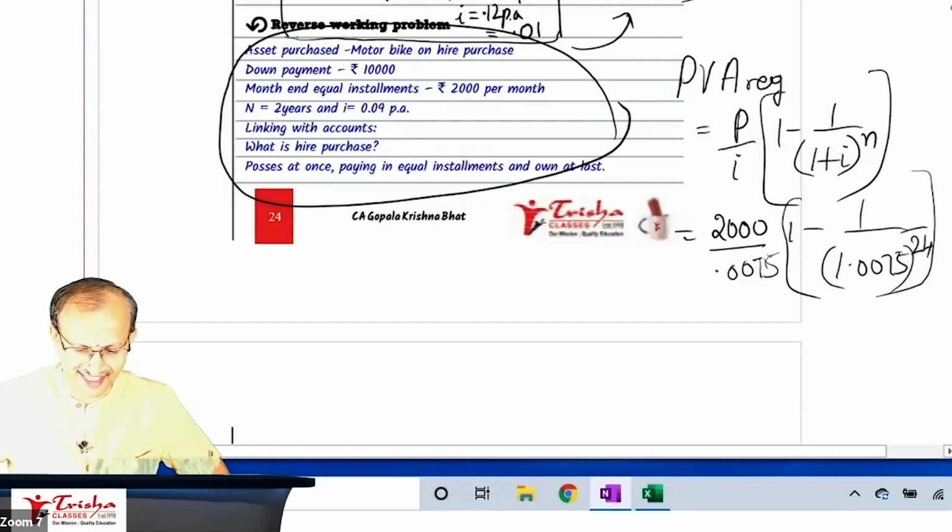You have multiple answers. The last answer: 2000 divided by 0.0075, times 1 minus 1.0075 to the power minus 24.